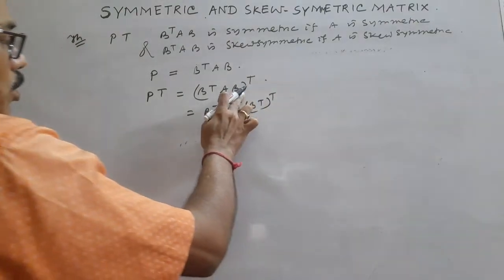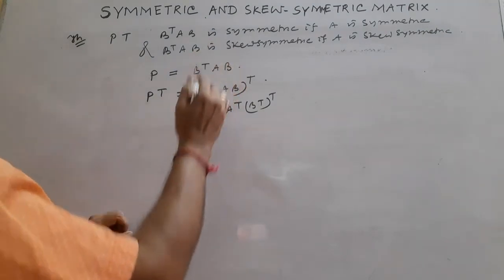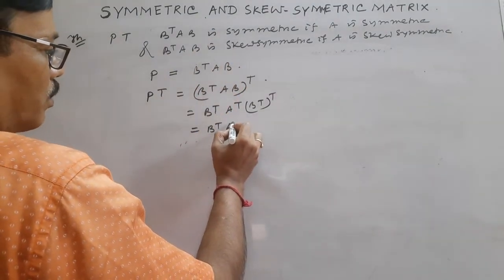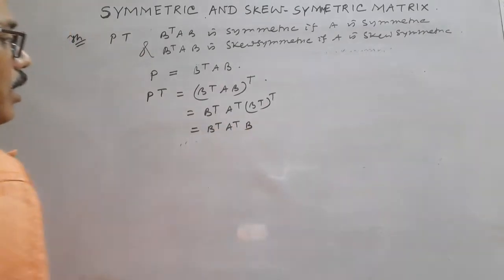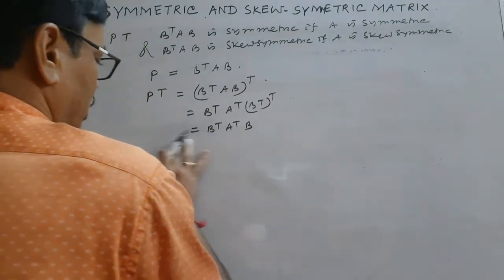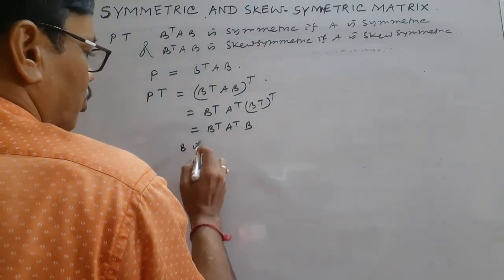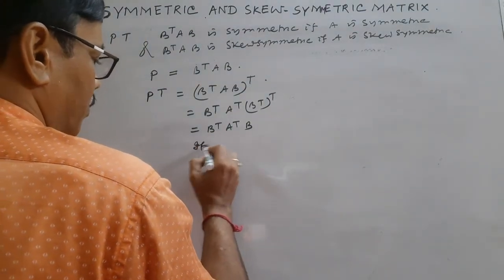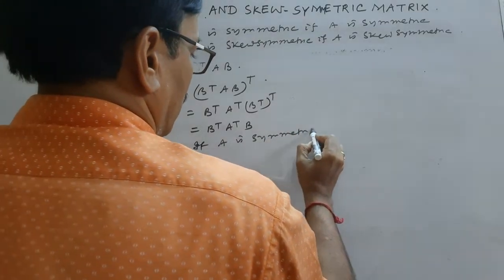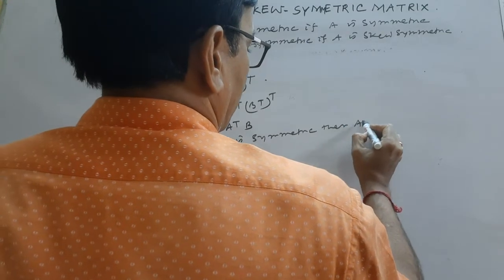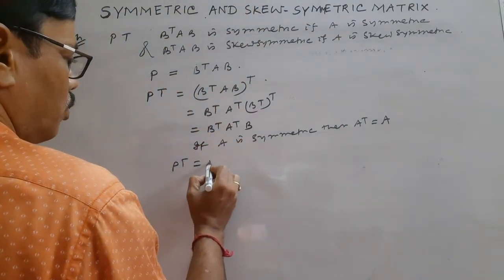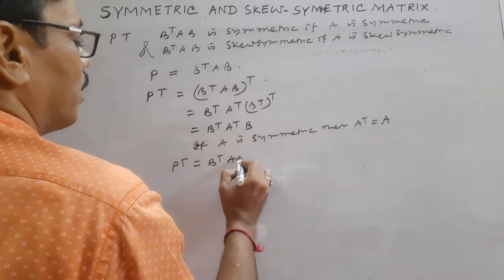So B transpose, A transpose, B transpose transpose, which is B transpose into A transpose into B. Now if A is symmetric, then A transpose equals A. So what we are getting: P transpose equals B transpose AB.